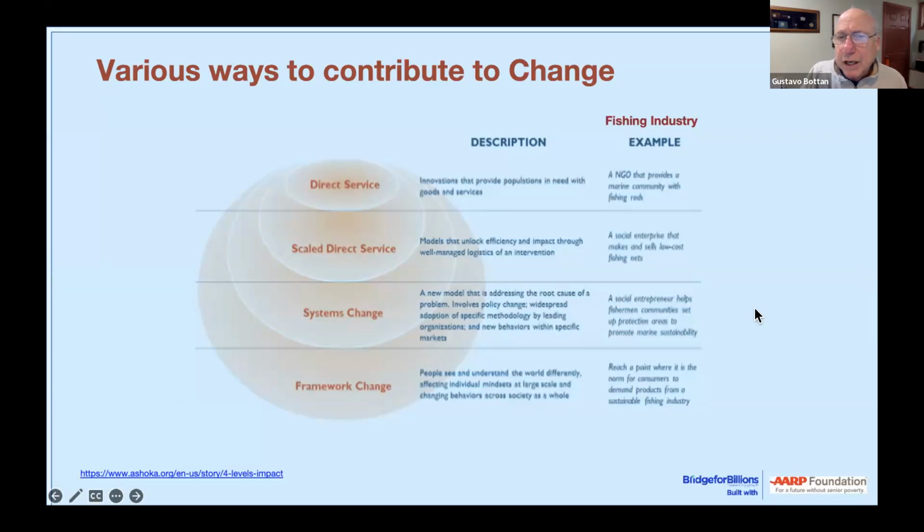System change is more like when you are now doing things that go beyond the direct service. Let's say that you've changed the structure of, say, a third world country, the US included, really.